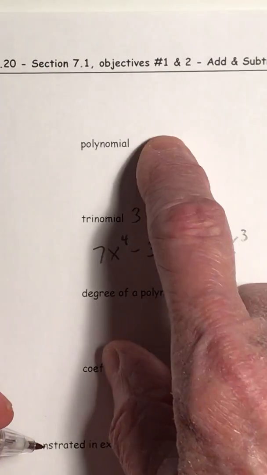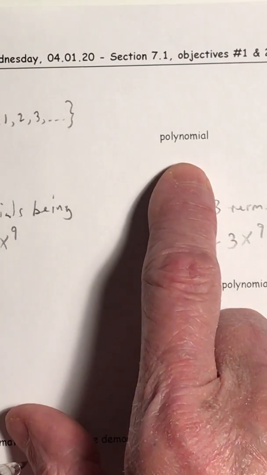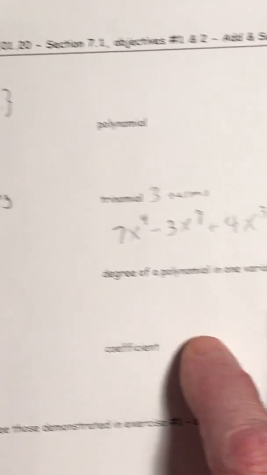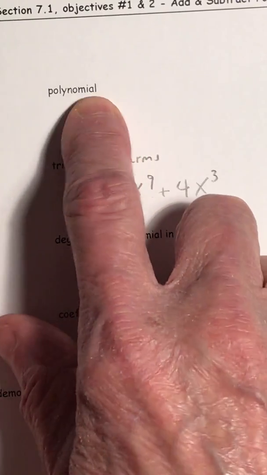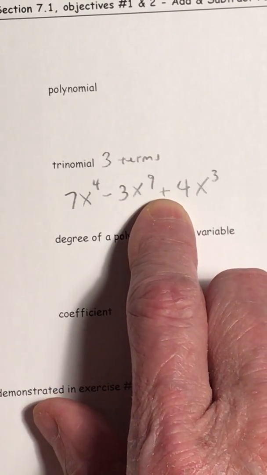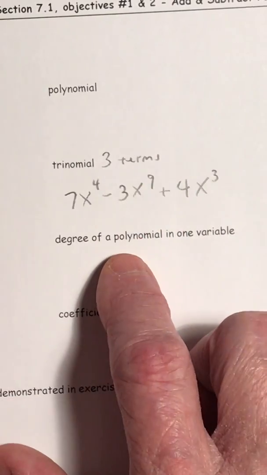Now I skipped over polynomial because polynomial is the name we can use, the general name for if you got 2, 3, 4, 5, some collection of terms added together. That's what we mean by polynomial.